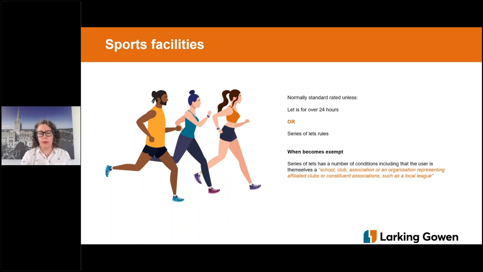The ones that we're focused on here are where the let is for over 24 hours, then it can be exempt. That's quite unusual, I think. It's not terribly common that you let somebody have exclusive use of your swimming pool for more than 24 hours. Or more commonly, you are within the series of lets rules.